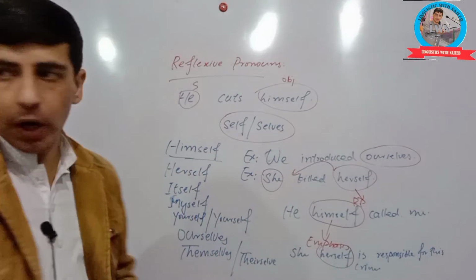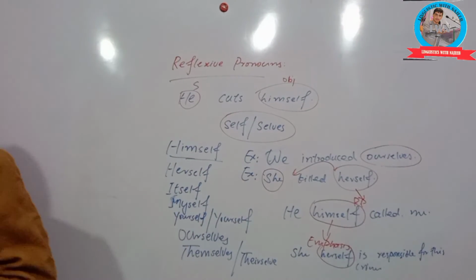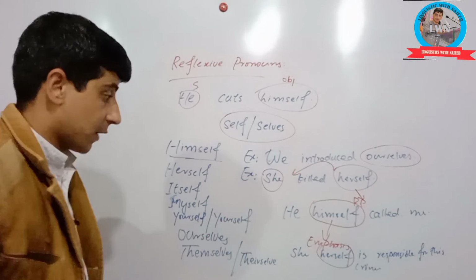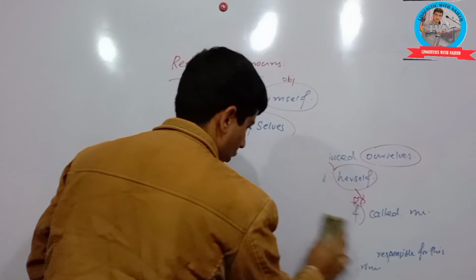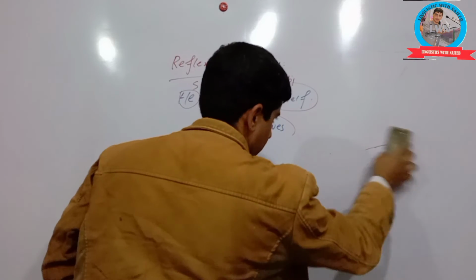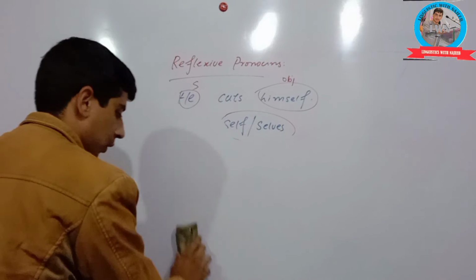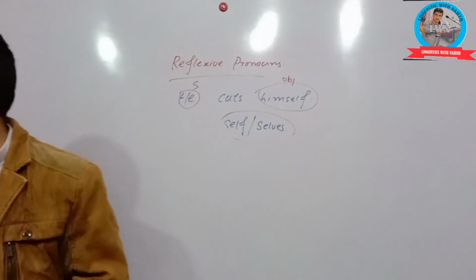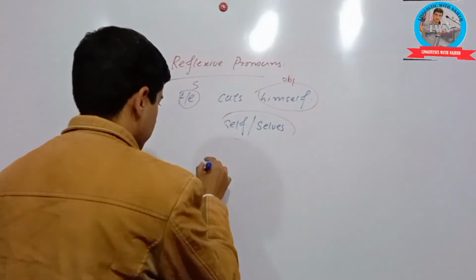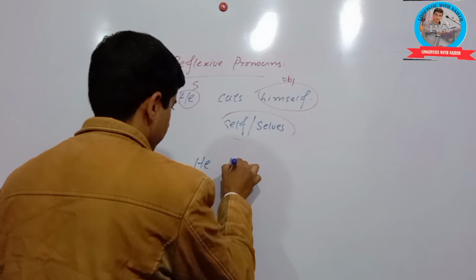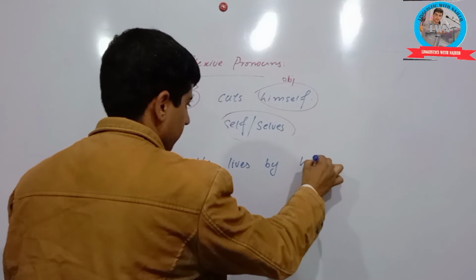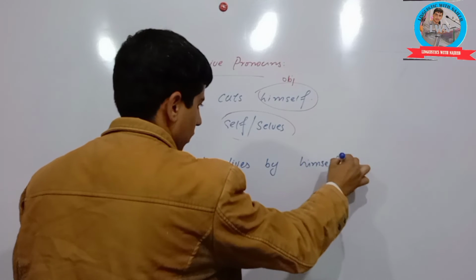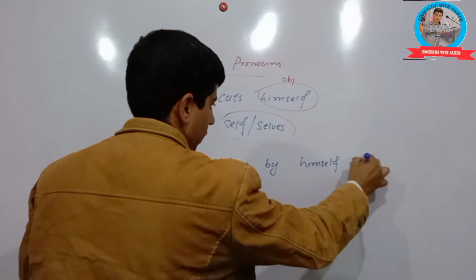Sometimes we use by before the reflexive pronoun for a specific purpose. If we use by before the reflexive pronoun, its meaning is gonna be changed completely. Let's suppose if I say he lives by himself at home.